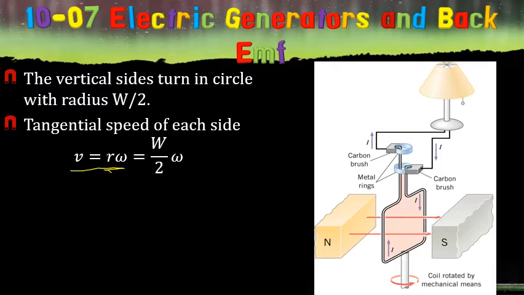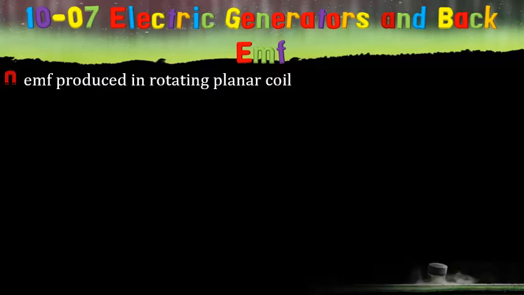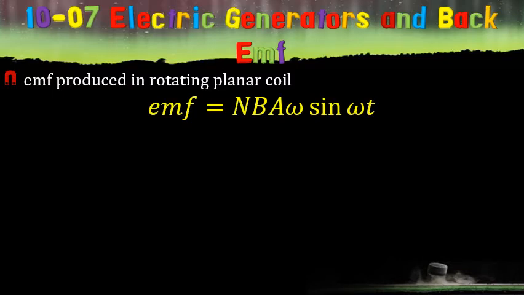So our r was w over 2, so our tangential speed is width over 2 times the angular speed. So we can put that in. But the area is length times width, so it simplifies to EMF equals N B A omega sine omega t. Maybe you'd want parentheses there.